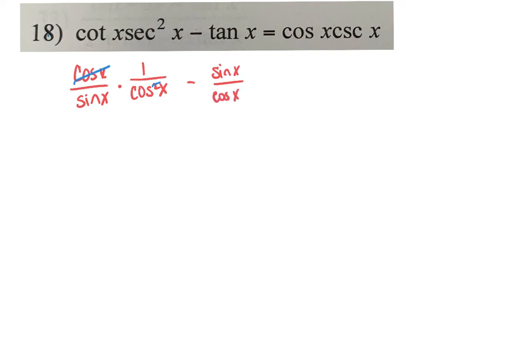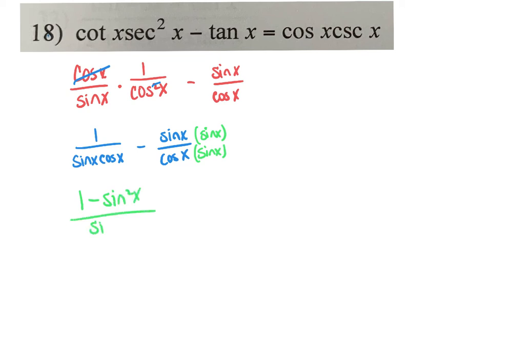Simplify this here. I end up with 1 over sine cosine minus sine over cosine. Get a common denominator, which is sine cosine. So I have 1 minus sine squared of x over my common denominator of sine cosine. Sine squared of x should look familiar.